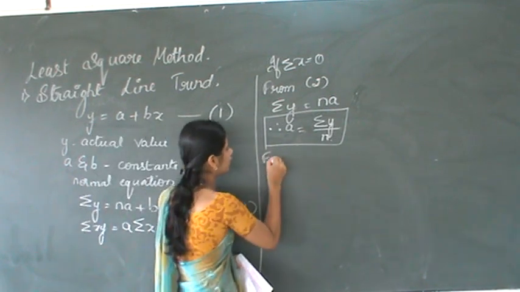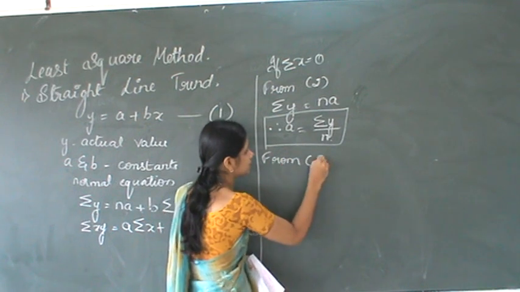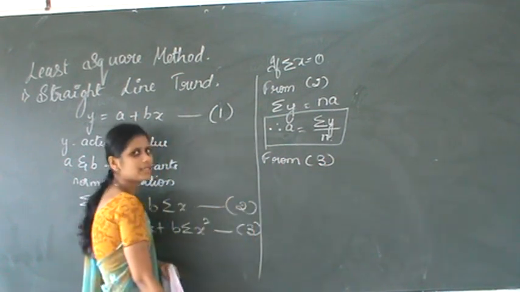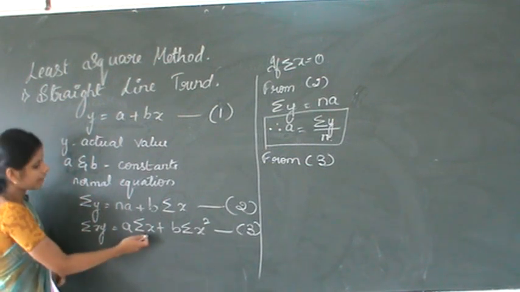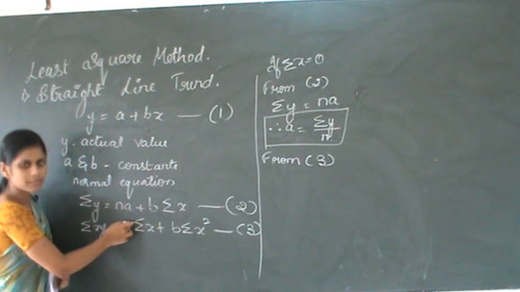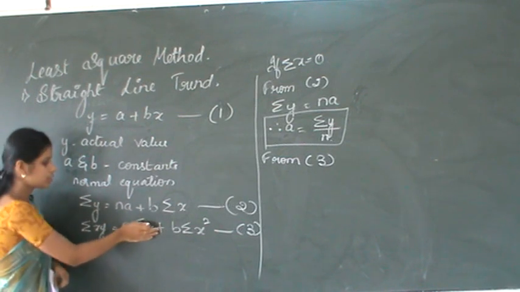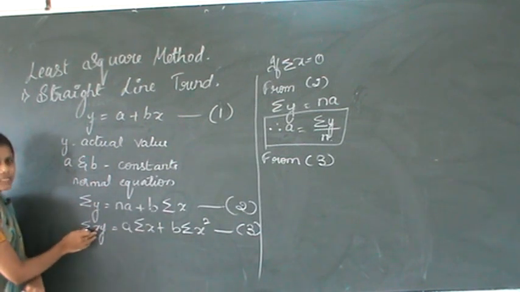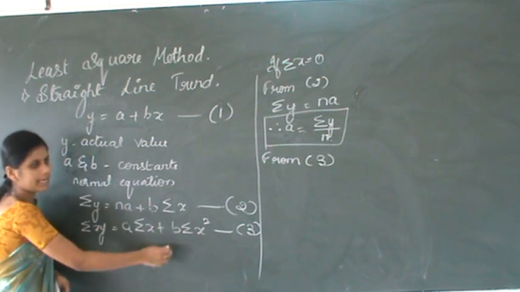Now we will find the value of b from equation 3. When summation of x is 0, a into 0 will be 0. So the remaining will be summation of xy is equal to b summation x square.